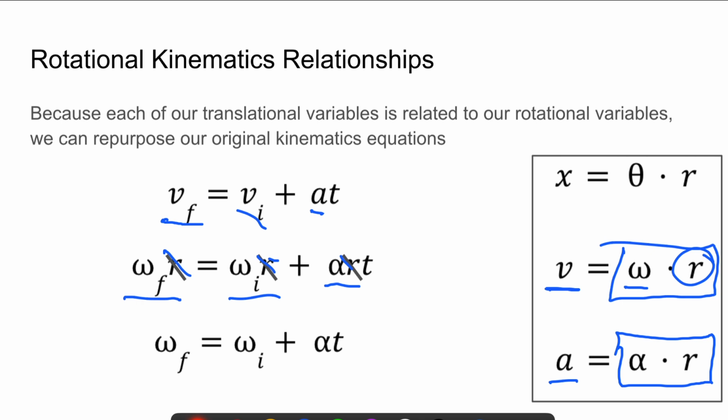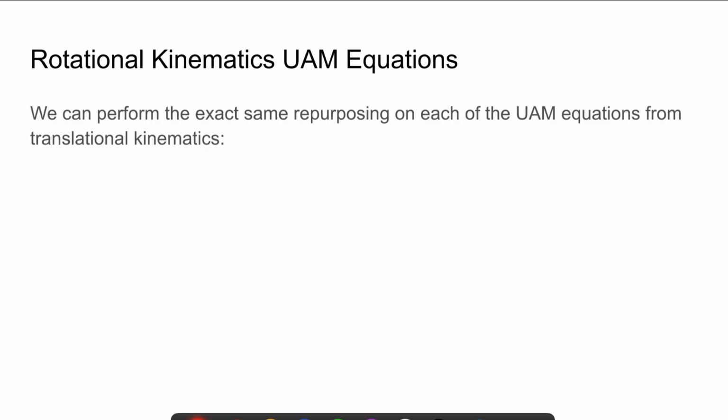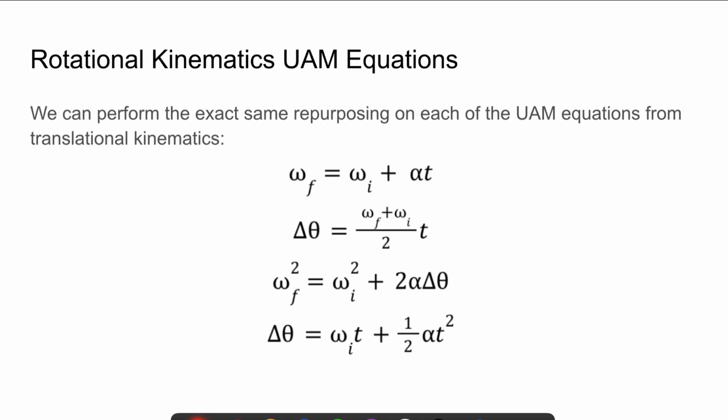This is a little bit of a mouthful to say now that we're saying angular before each one of our variables, but you'll notice that this looks the exact same as our translational equivalent, just we've replaced our translational variables with our rotational variables. And we can do that for every single one of our UAM equations, every single one of our uniformly accelerated motion equations.